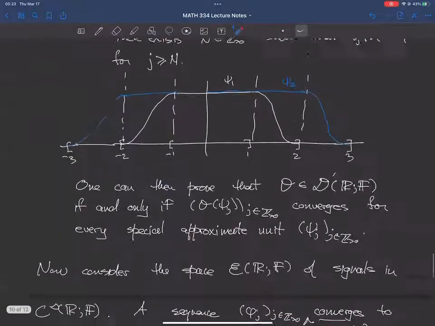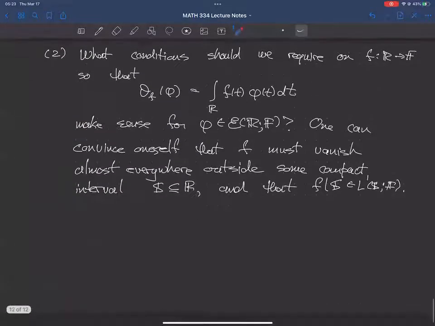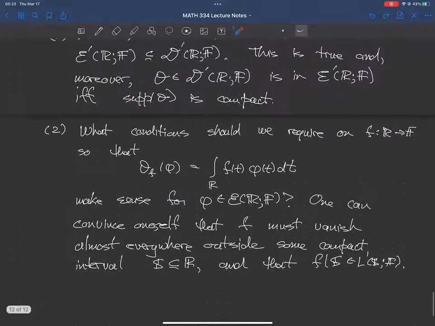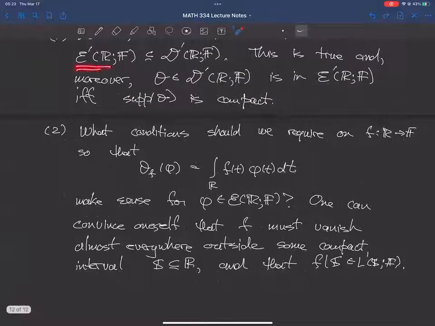The same thing happens here: if you fix an S and take a sequence that converges to 0 in L1, then the corresponding sequence in E prime will converge to 0.